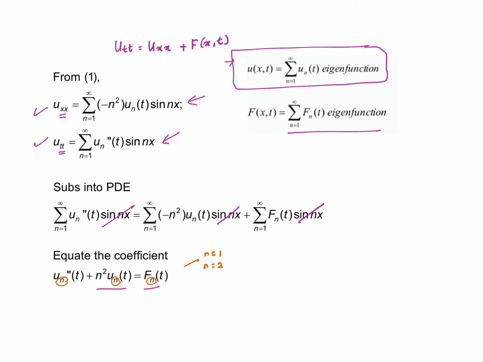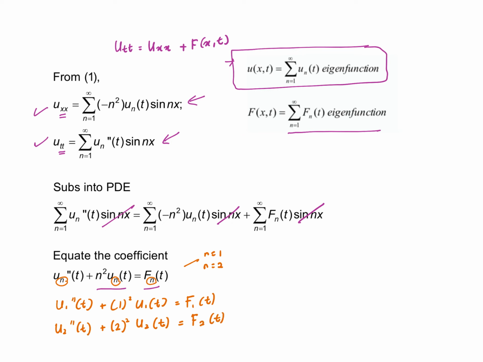We will get u1 double prime(t) plus 1 squared u1(t) equal to f1(t). And then for n equal to 2, we will get u2 double prime(t) plus 2 squared u2(t) equal to f2(t).